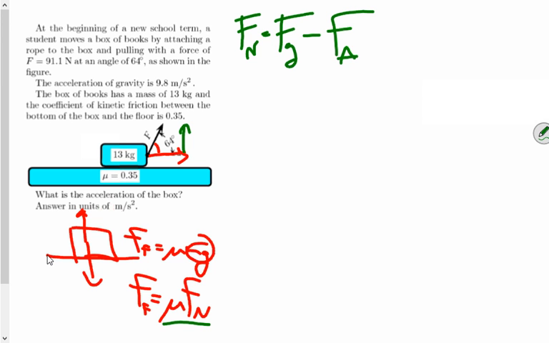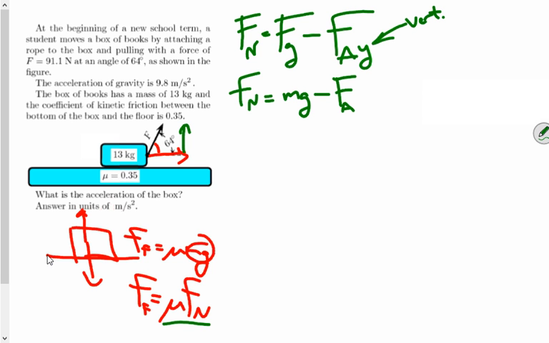Force in the Y direction, or vertical, whatever you want to say. So the normal force would be equal to mass times gravity minus force applied times the vertical piece.